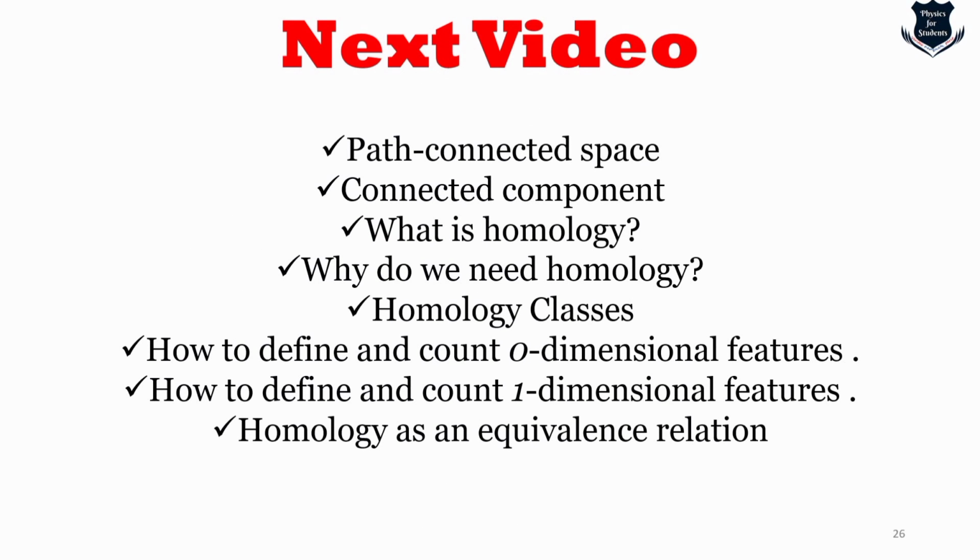So in the next video we would be talking about path connected space, connected component, what is homology, the need for homology, homology classes, and defining and counting in 0 and 1 dimension, and homology as an equivalence relation.